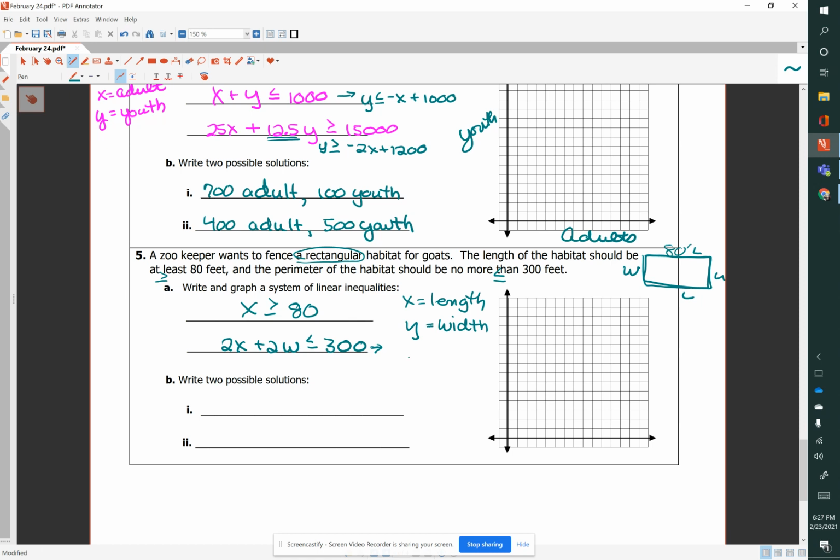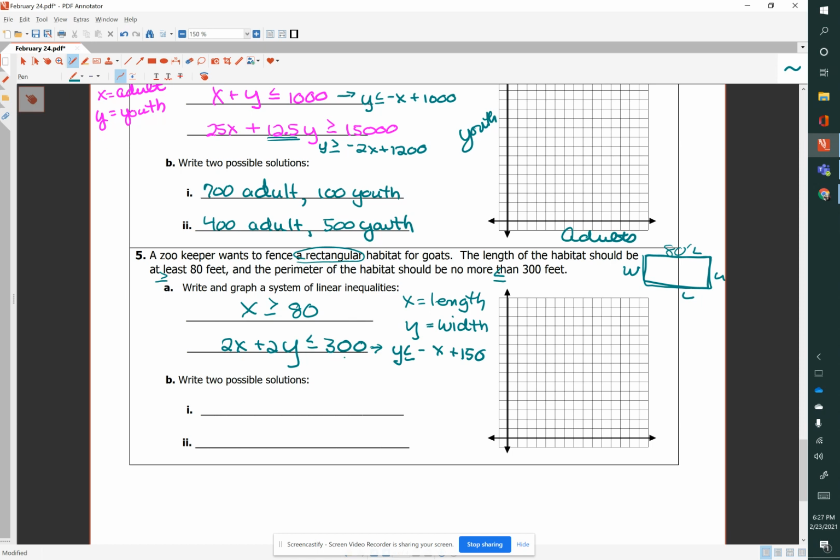But we put that second inequality in slope-intercept form, we have y is less than or equal to negative x plus 150. Now, how do we get the 150? We moved 2y, that should be a y, sorry. I made a W instead of Y, so I was thinking of width.